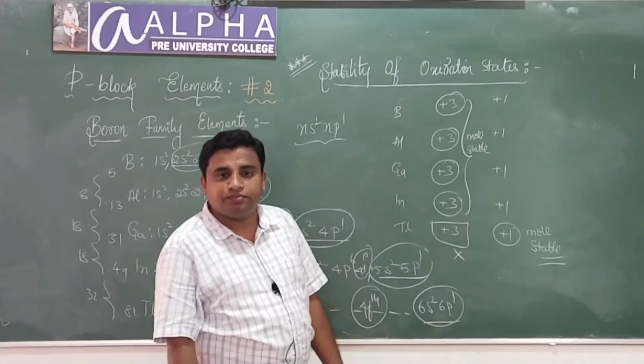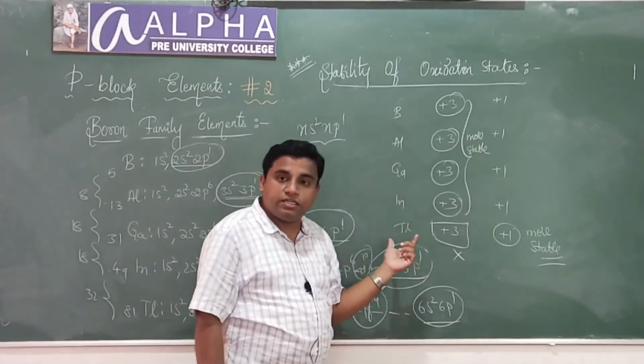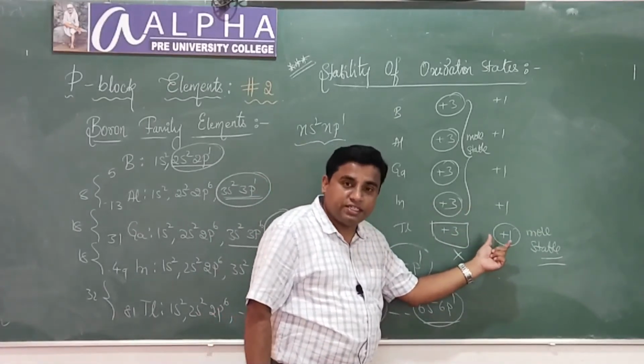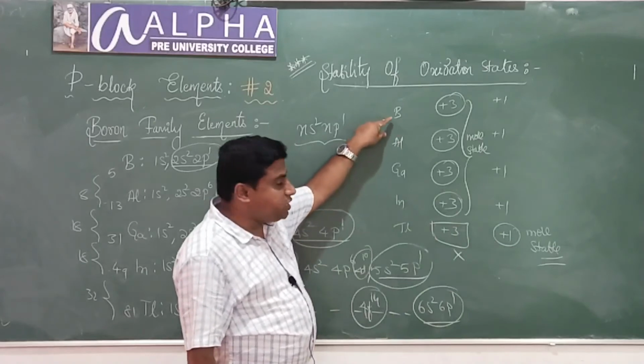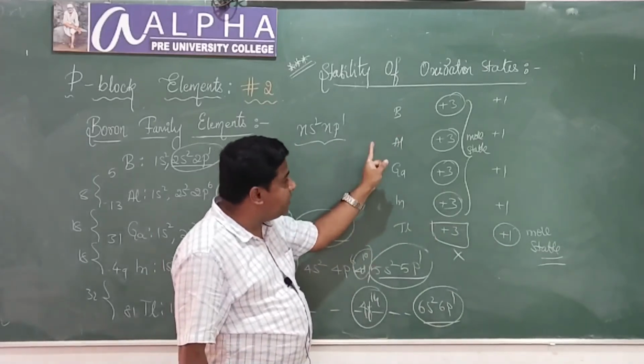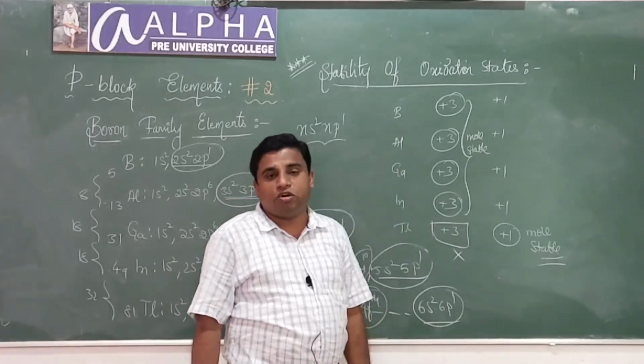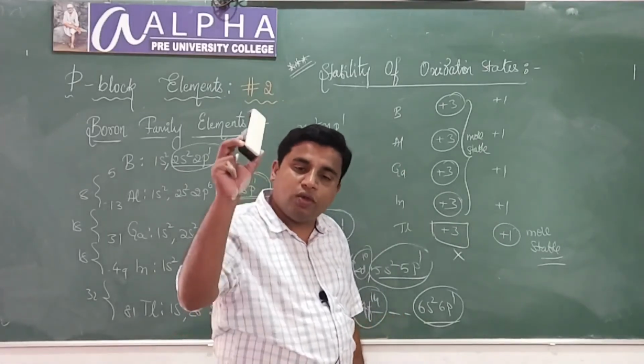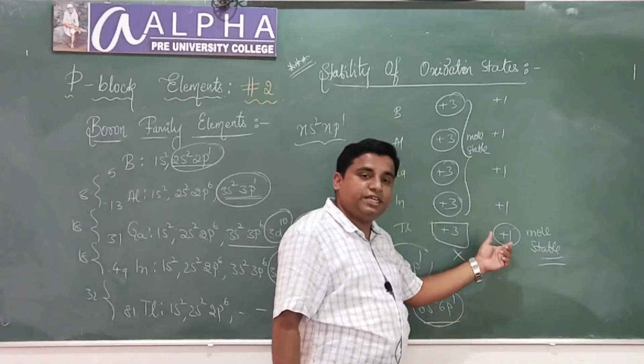Thallium is more stable in +1 oxidation state, whereas the elements from boron to indium are stable in which oxidation state? +3 oxidation state. Now my question is, why does thallium want to be in only +1 oxidation state?